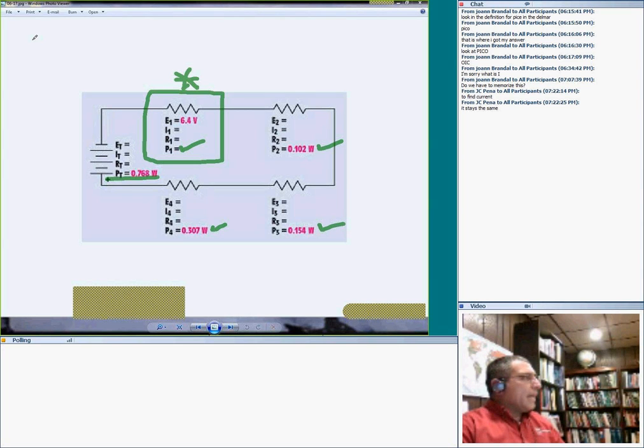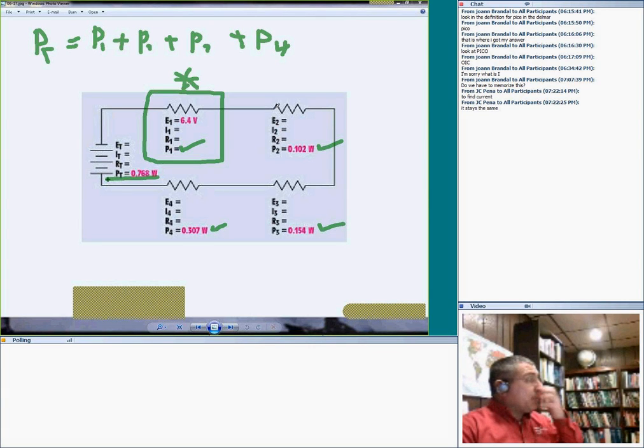As you know, P total, this is really the key point to start. P total equals P1 plus P2 plus P3 plus P4, right? So basically the power adds up to the source power, always in a series circuit. Piece of cake.